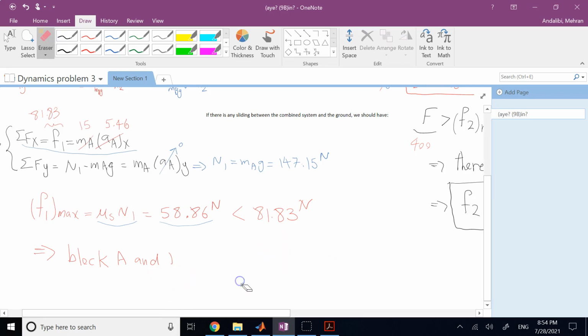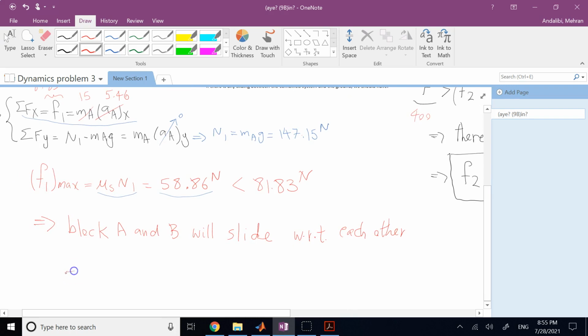Will slide with respect to each other. If that is the case, it means F1 is going to be kinetic friction.